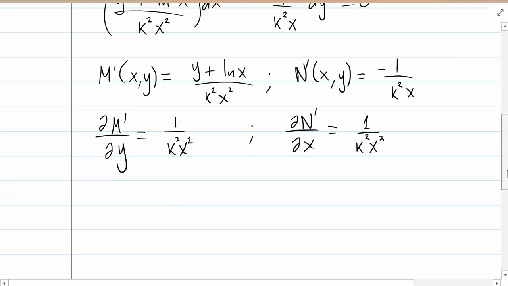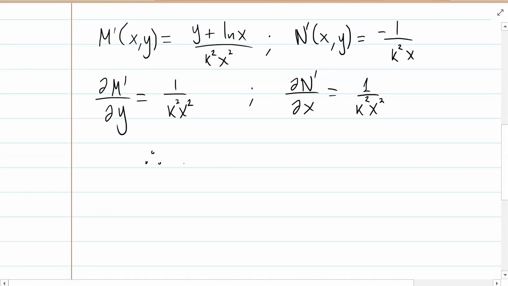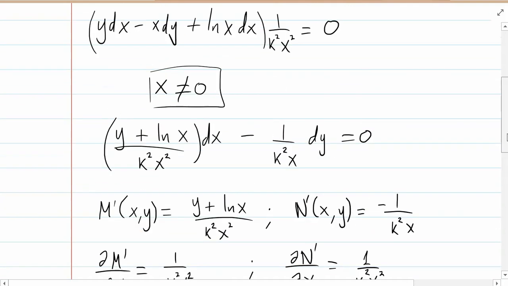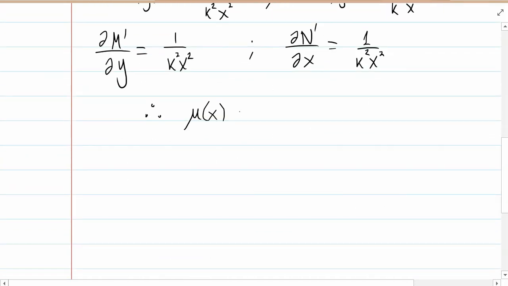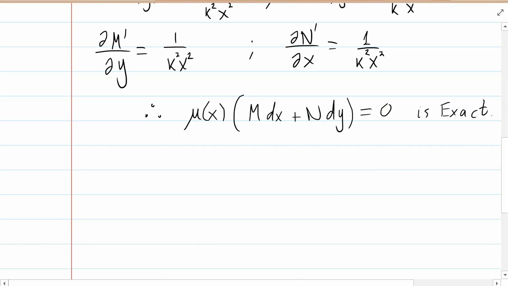What does that mean? Mu of x times the original M dx plus N dy is exact. Well, that means that there exists a function u such that the following is true.